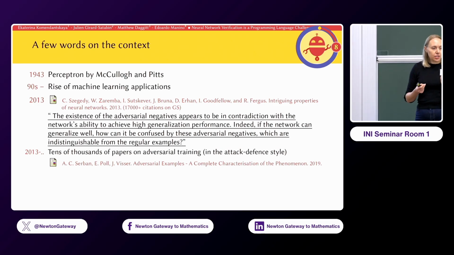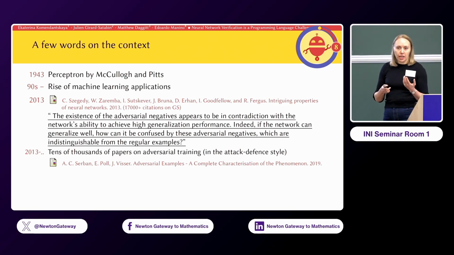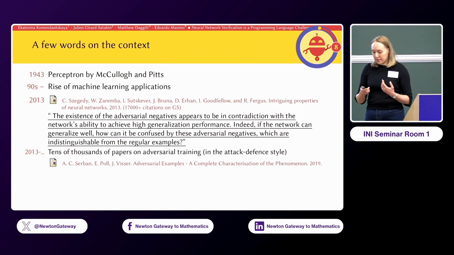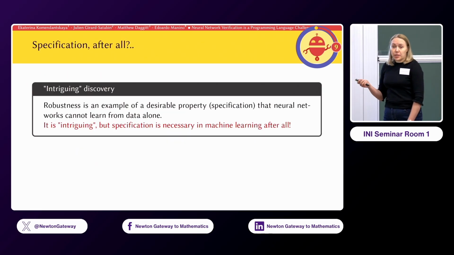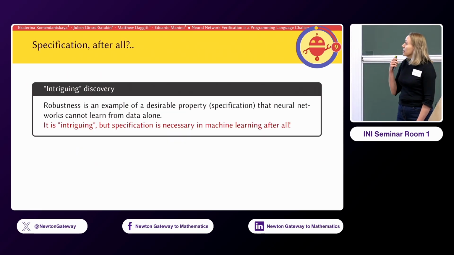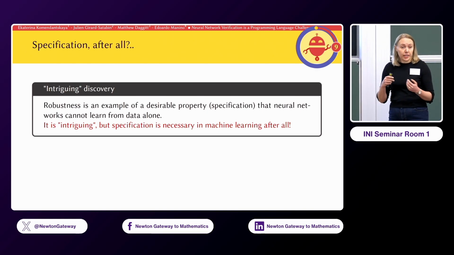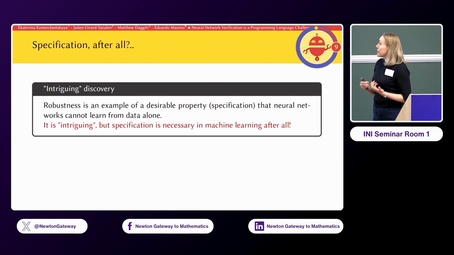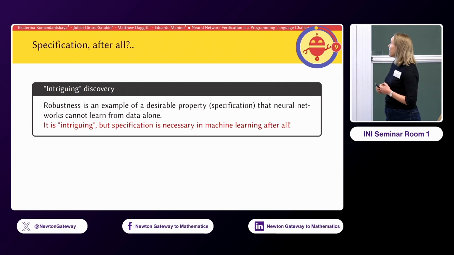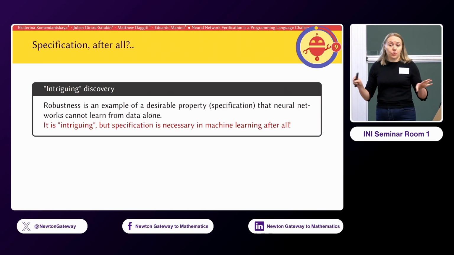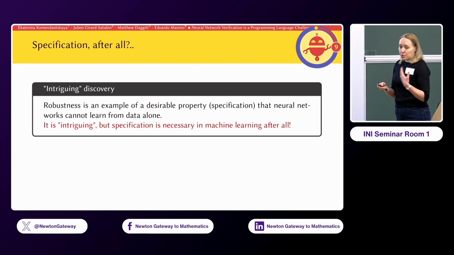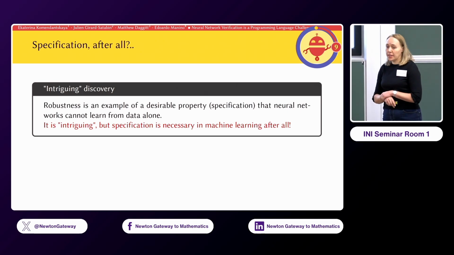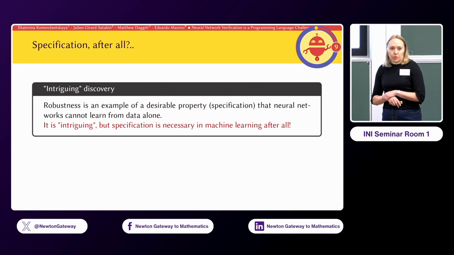It was a specification about the behavior of your models, which was implicit, and the machine learning community didn't really realize this. That's why it was so intriguing for machine learning. And this is my first claim, that robustness is an example of a desirable property or spec that neural networks cannot learn from data. It's not something that is inferable from data. And it was intriguing 10 years ago because that was the first time the machine learning community came face to face with the notion of specification.